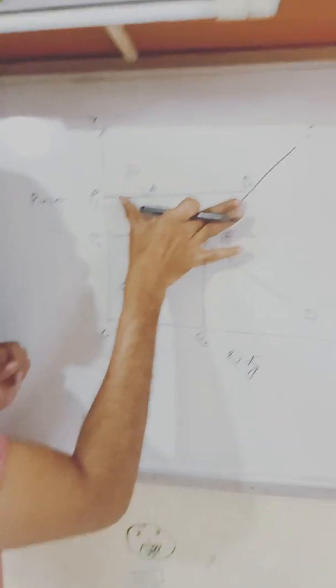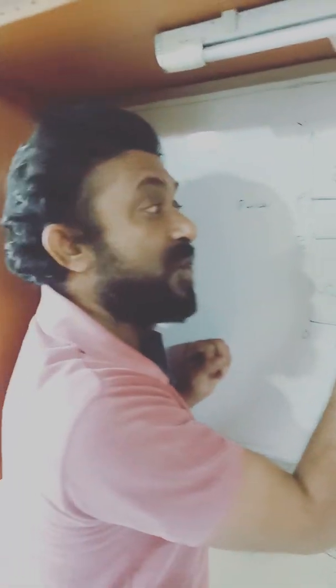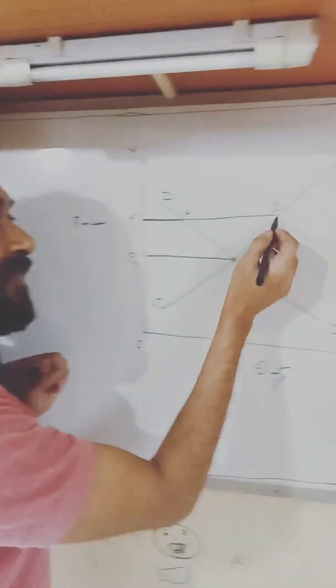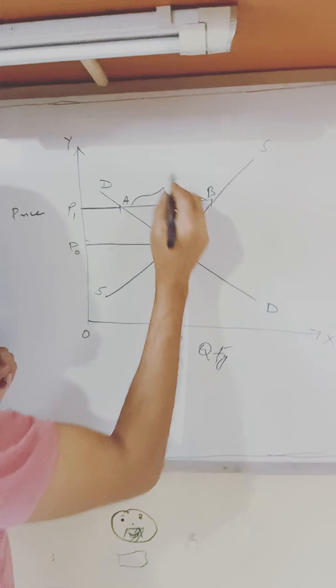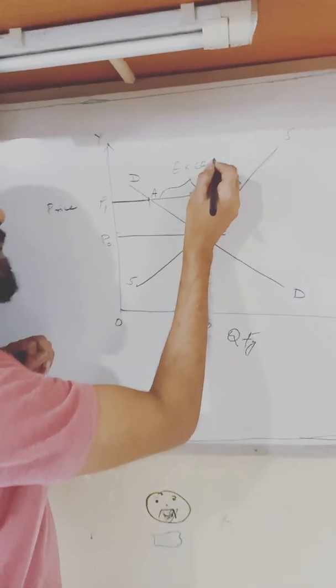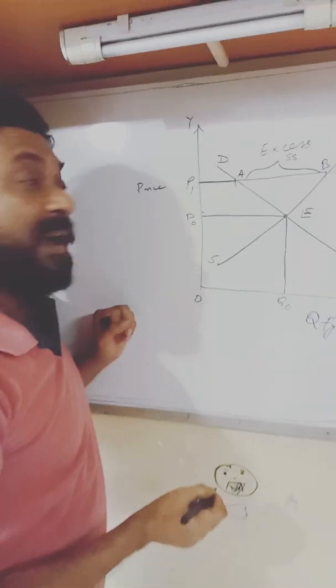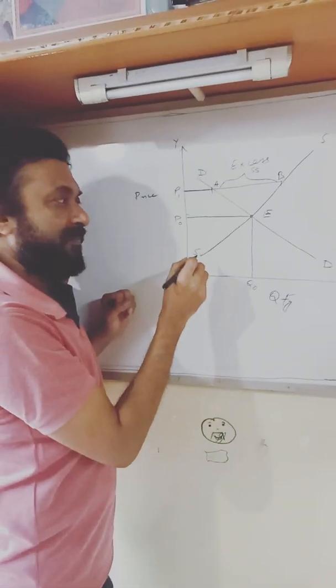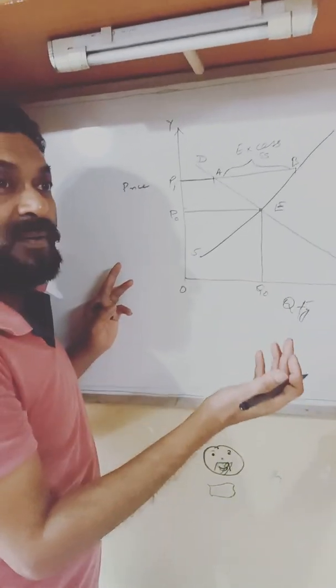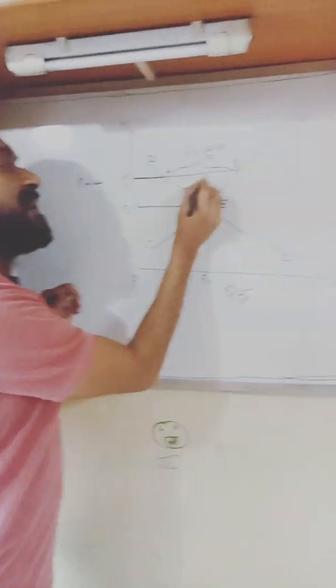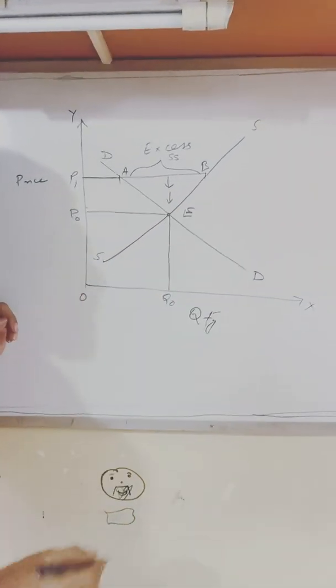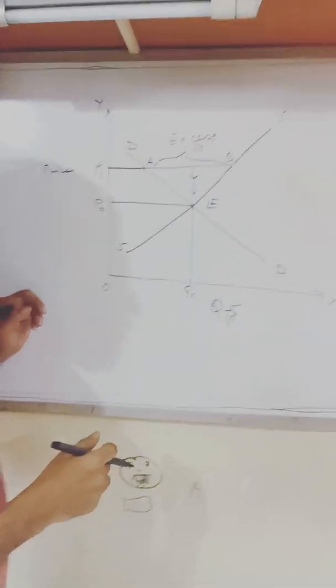So as supply is greater, demand is less, by how much? By this AB portion. Then this is called excess supply. Now whenever there is excess supply, supply is greater, then the price tends to fall. There will be a reduction in the price.